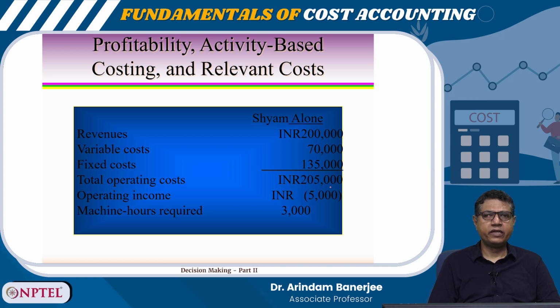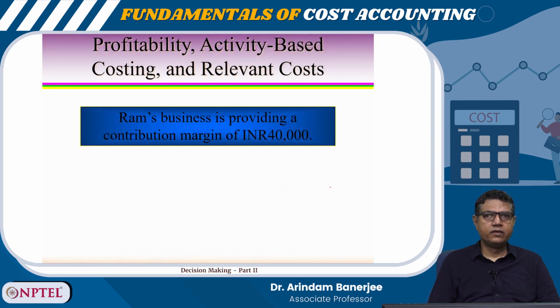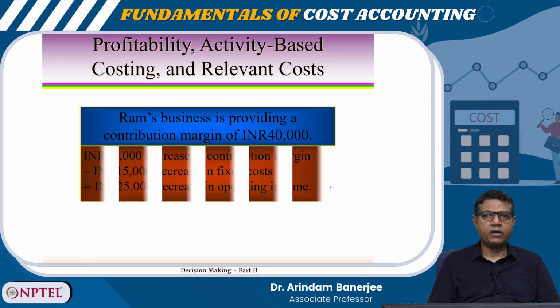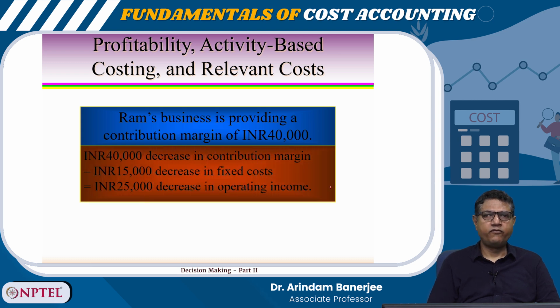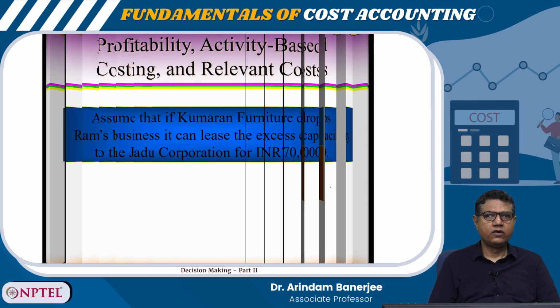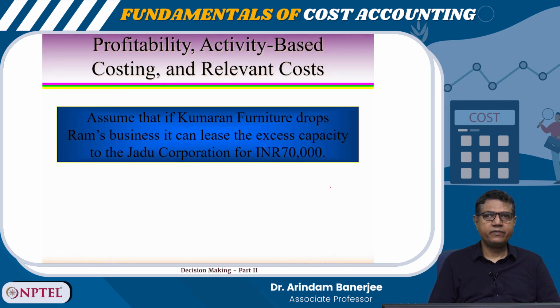So total operating cost is 2 lakh 5,000, and operating income is reduced by 5,000 only. Ram's business is providing a contribution margin of 40,000. So there is a 40,000 decrease in contribution margin and a 15,000 decrease in fixed costs, so a 25,000 decrease in operating income, right?